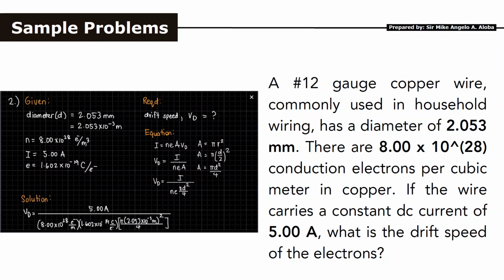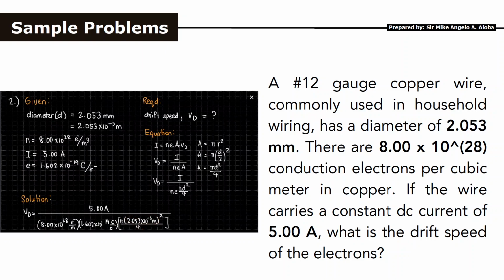Substituting everything that we have, so 5 amperes is your current. This one is your N, conduction electrons per cubic meter, and e, and your area, which is this one, pi d squared over 4.